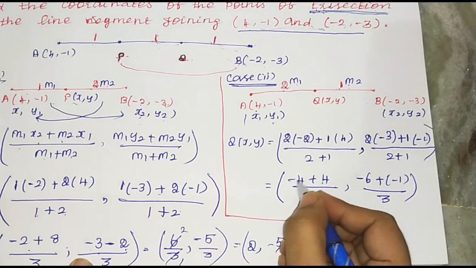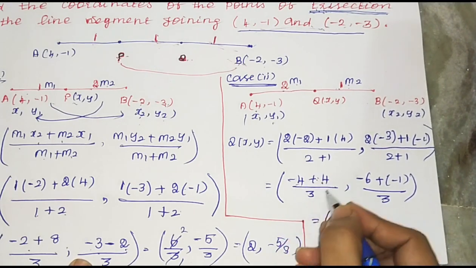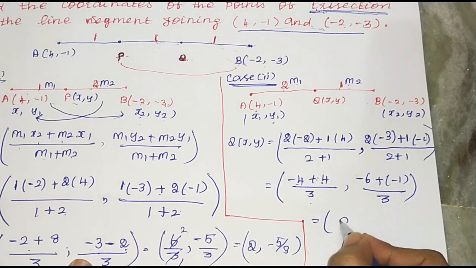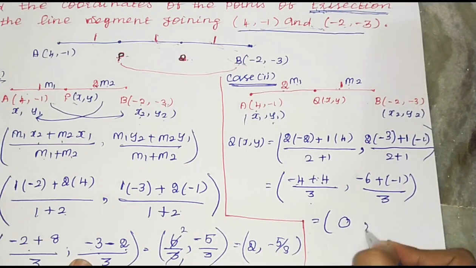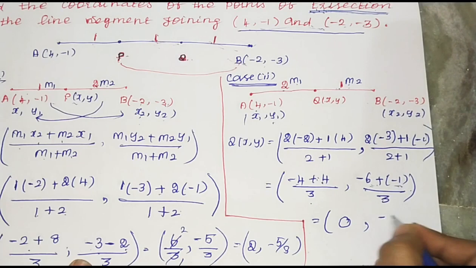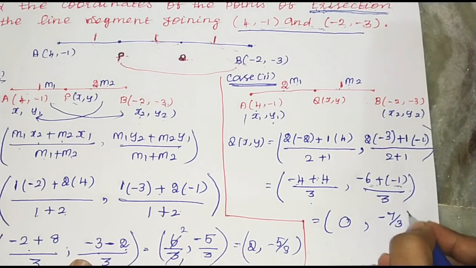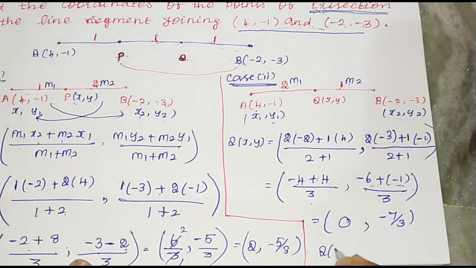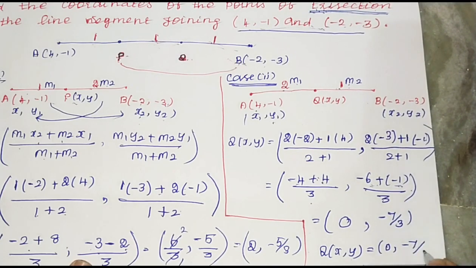So 4 subtract 4, 0. 0 you divide by any number, the answer is 0. Comma, minus 6, minus 1, both are negative, so add and write minus 7 divided by 3. So therefore Q of x comma y equal to the coordinate point 0 comma minus 7 by 3.